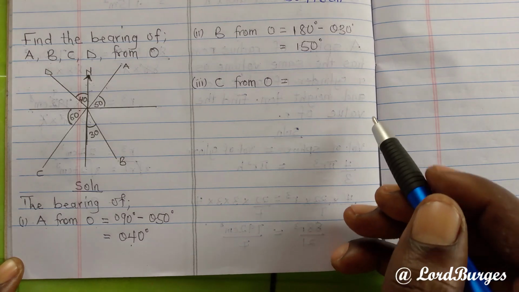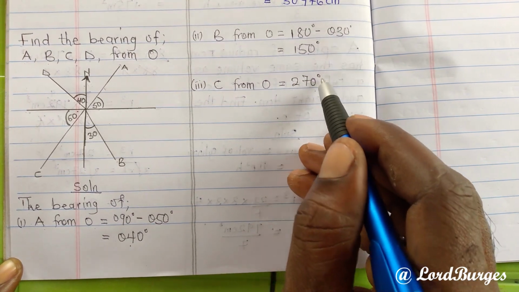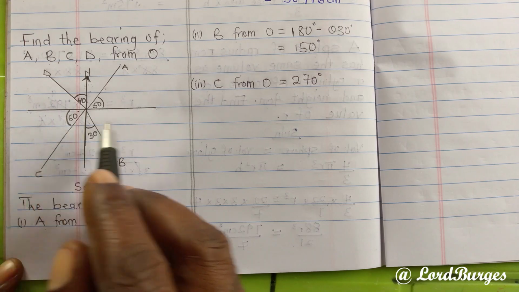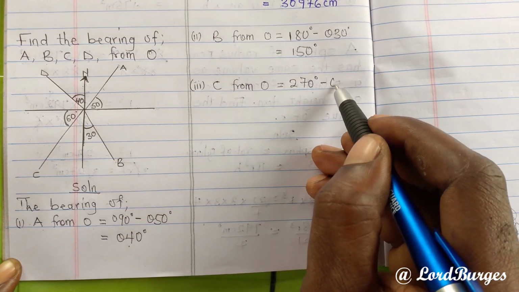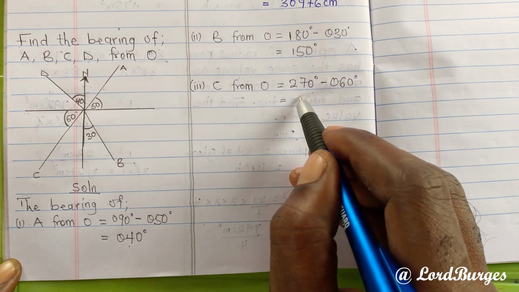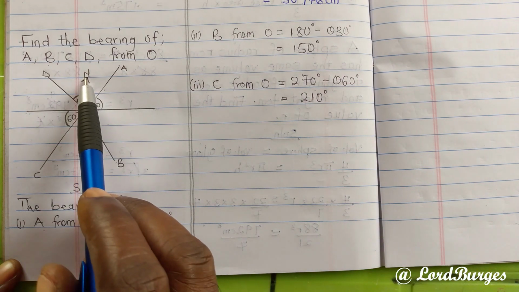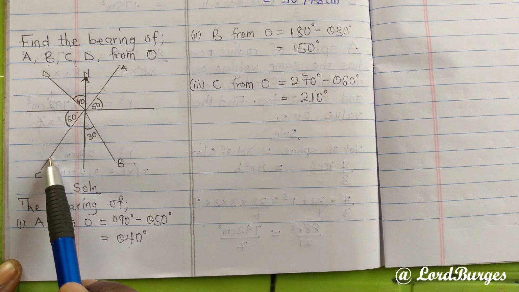So what we need to have here, out of the 270 degrees, we are left with what? 60. So let's take the 60 from the 270, which will give us 210 degrees. Therefore, from the north pole to the C line becomes 210 degrees.